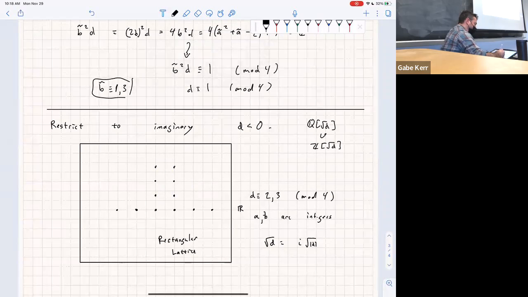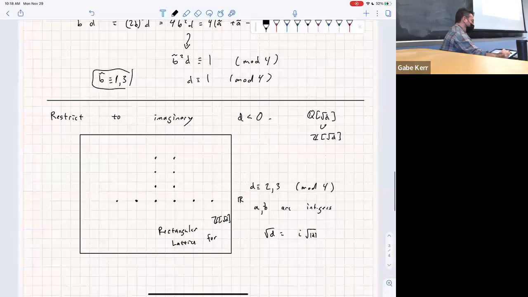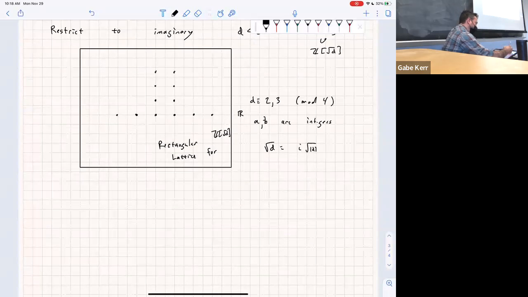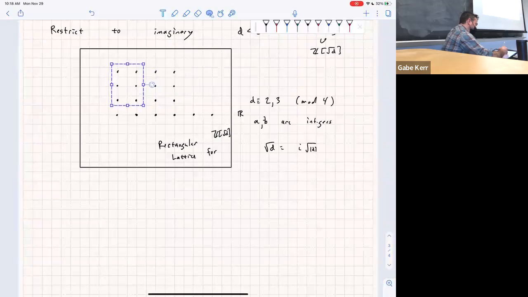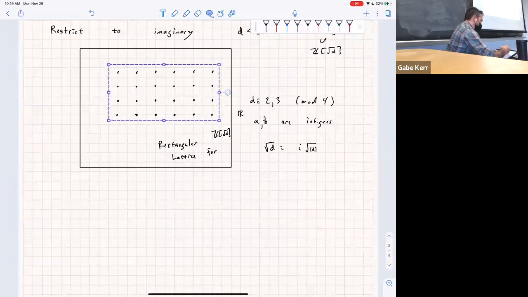The ring of integers. And this thing, of course, will repeat.